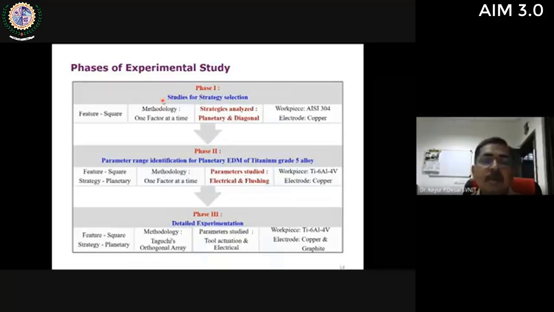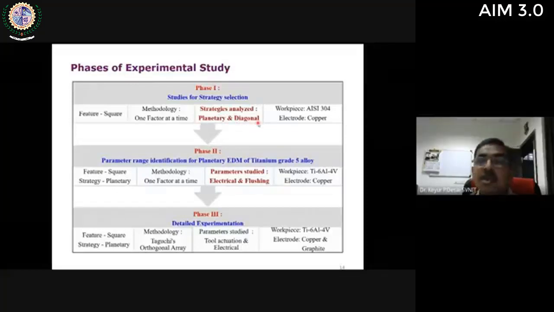We aim to have a square cavity, so we want to cut a square cavity. The methodology adopted is that only one factor should be varied at a time. To generate a square cavity, the tool may be moved in a planetary fashion or in a diagonal fashion.